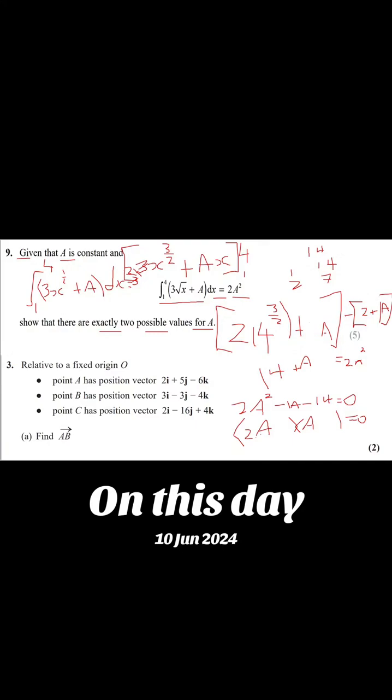Okay, there we go. I knew I made a mistake. So it should be plus 3a. I've now fixed it. I put in the wrong value of x for my upper limit. I put in x is 2 rather than x is 4.